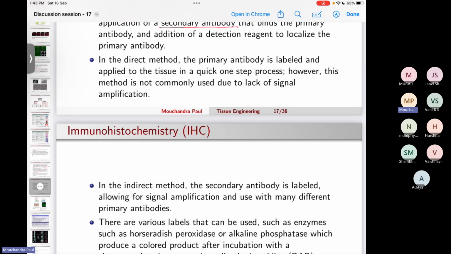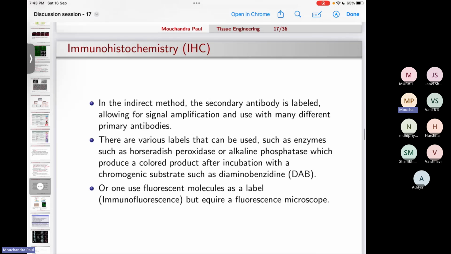So there will always be an ambiguity whether whatever you are seeing under the microscope is actually the correct structure or not. So in order to increase your signal amplification and also get rid of this ambiguity, people use the indirect method, where a secondary antibody specific to the primary antibody is used.